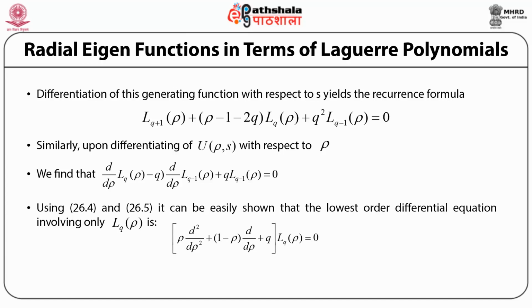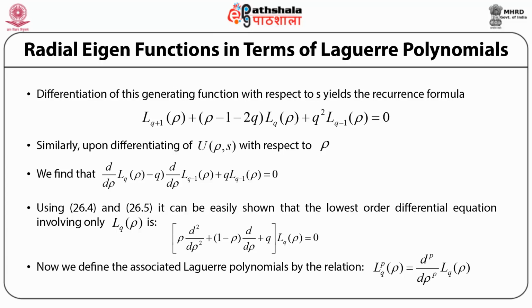Using equations 26.4 and 26.5, it can be easily shown that the lowest order differential equation involving only L_q(rho) is rho d^2/d rho^2 plus (1 minus rho) d/d rho plus q, this whole multiplied by L_q(rho) equal to 0.